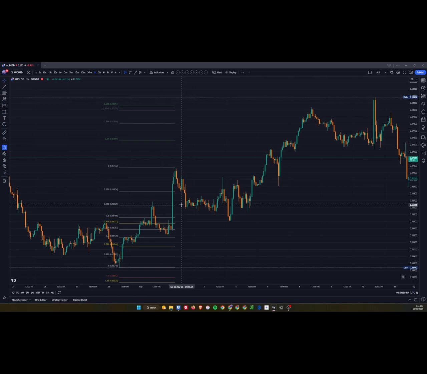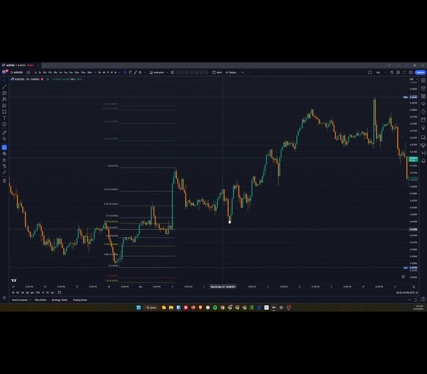That tells me the strength and the pressure and the sturdiness of the structure is stronger, so it's probably going to go higher. It might even hit the negative 0.618 level. That's what you have to factor in when looking at retracements.